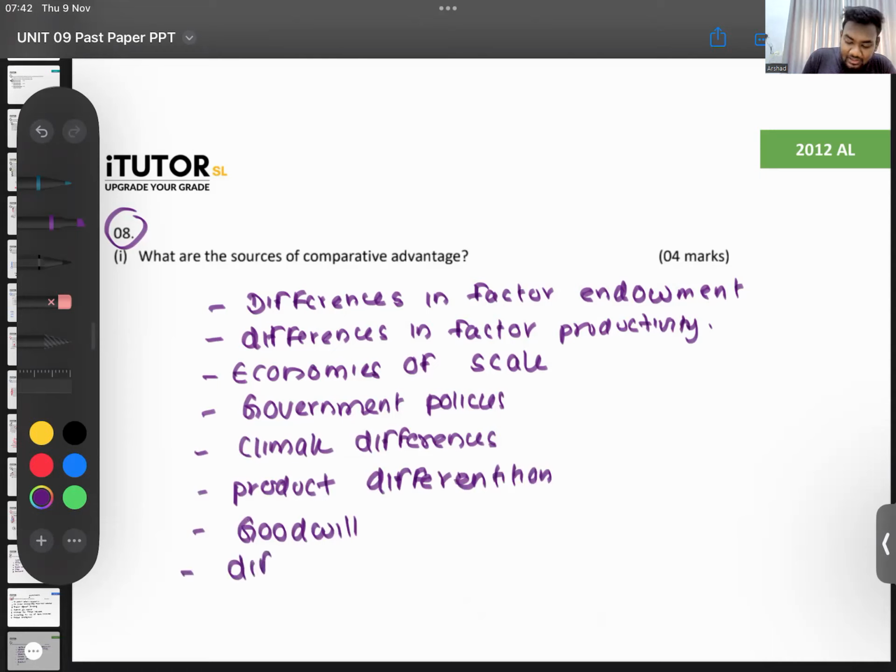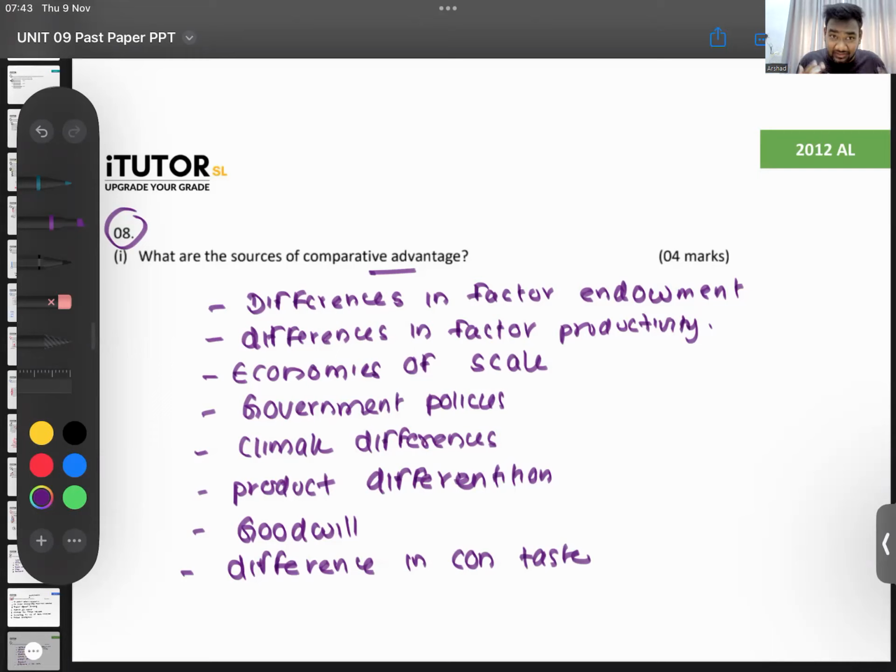All of these could be answers. The second one is the quality, factor productivity. All of these can be reasons, other sources of comparative advantage.